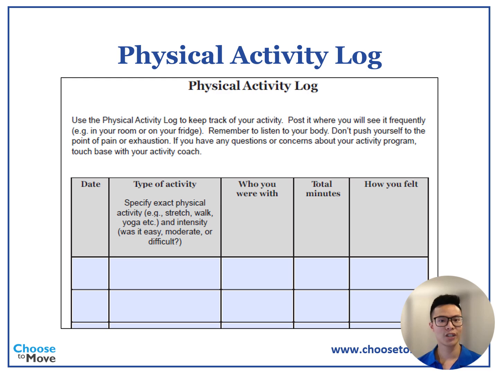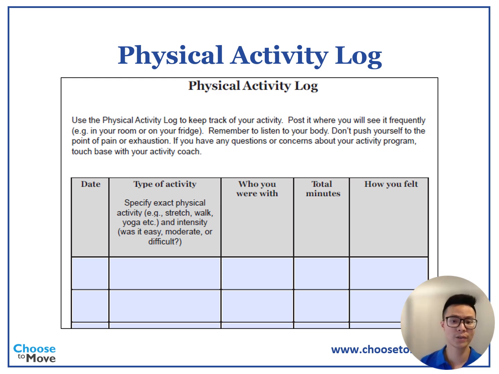Now, one strategy that can be used to help you stay on track with your physical activity is what we call self-monitoring. And that can be done in various forms, whether it's keeping an exercise diary or logging it on your phone through your Apple Watch, to even ticking it off on a calendar that you put on the fridge.